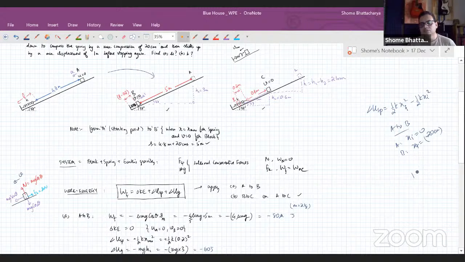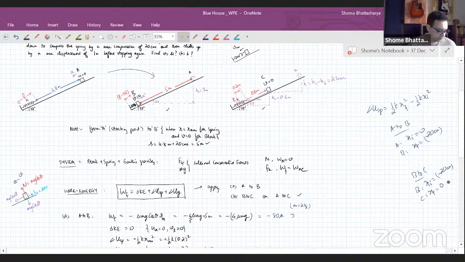When you are going from B to C, at B the initial position is the compression of 20 centimeters. At C, the final position of the spring is 0. So A to B, the spring is getting compressed, so its potential energy is increasing. Whereas when you're going from B to C, the spring is relaxing back to natural state, so it's losing potential energy.